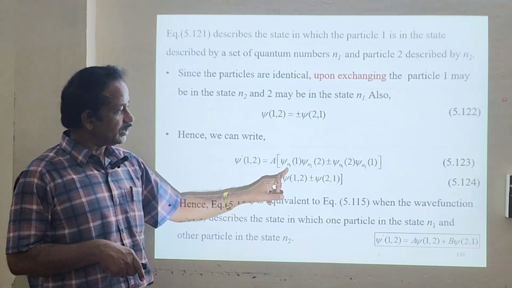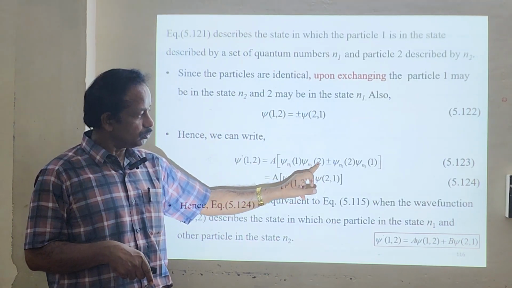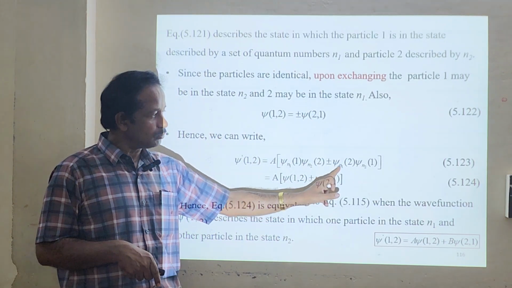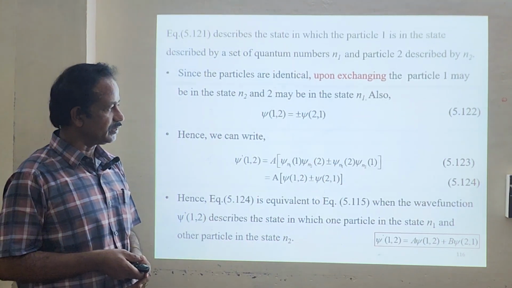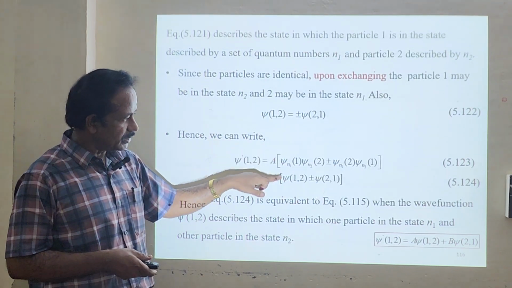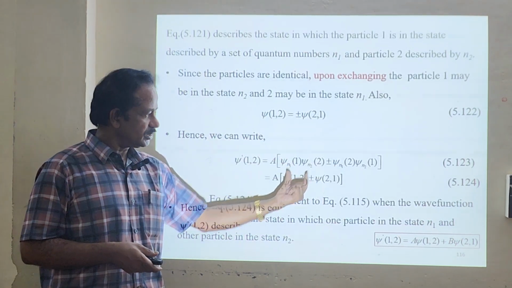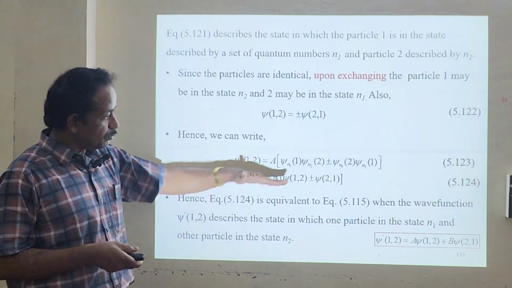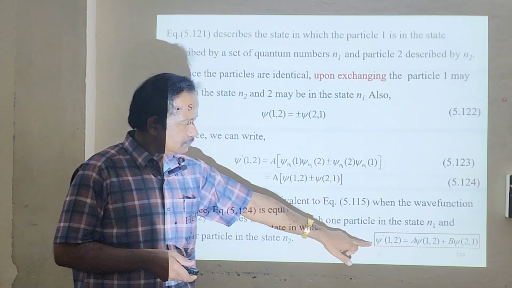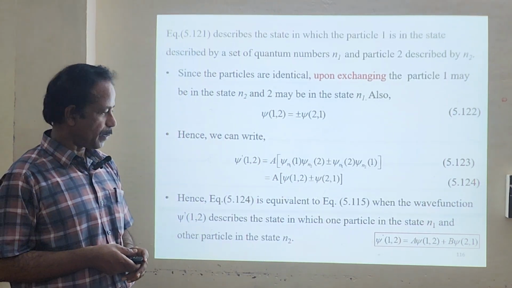So now psi n1 of 1, psi n2 of 2, just interchange, that will give you psi n1 of 2, psi n2 of 1. We can write exactly like this. Put together, that gives psi(1,2), and put together, that gives psi(2,1). And of course this equation is exactly equal to the old equation.